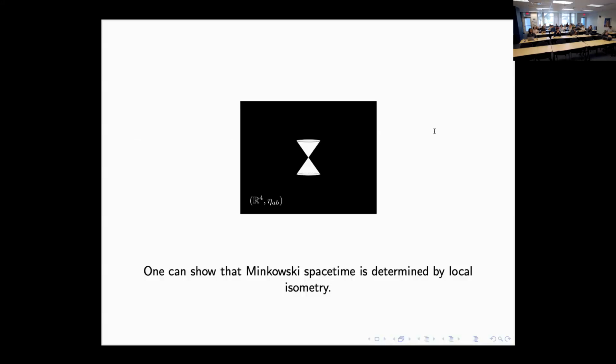One can show that Minkowski spacetime is determined by local isometry. One can show, going back to the story that I told at the beginning, that Euclidean space, the standard Euclidean metric, is determined by local isometry. And so these can be presented using the apparatus of locally G-structured spaces. One conjectures that this is more the exception than the rule.